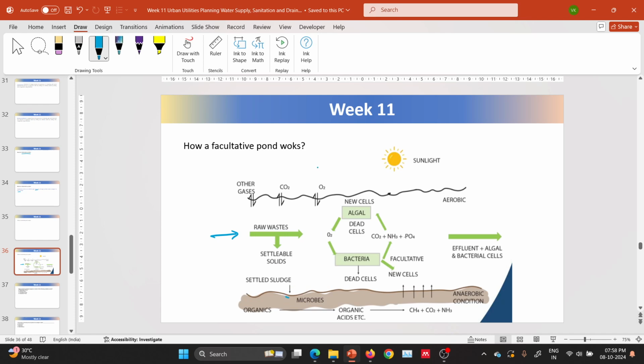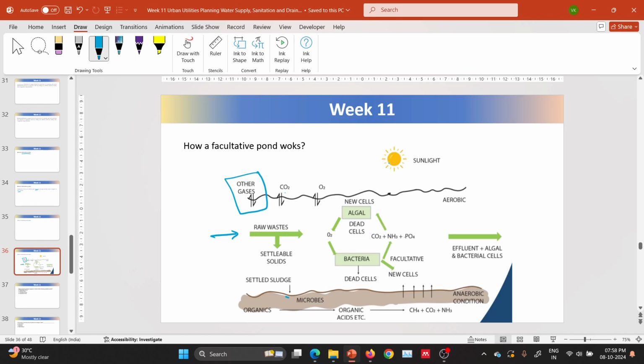Then oxygen can come inside because of the concentration gradient. If there is some deficiency of oxygen in this water, oxygen will come from outside, and if CO2 is produced in excess, it will go outside. Other gases also will go and come that way.